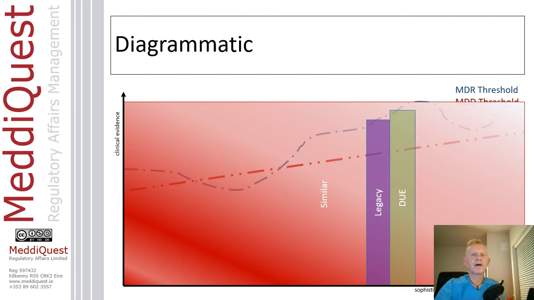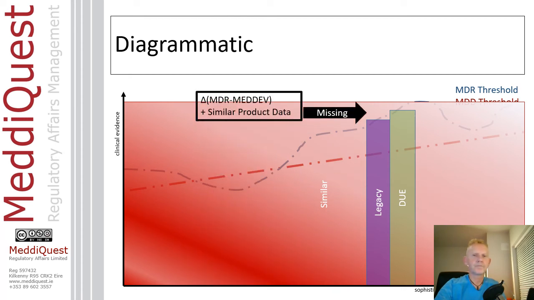rather than the MDR. And this says that bit that's missing, that difference between what we require for the clinical evaluation under the MDR and the new MDCG guidances, as opposed to the MDD and the old MedDev guidances, may be something that we can get from surveillance data on the old devices.